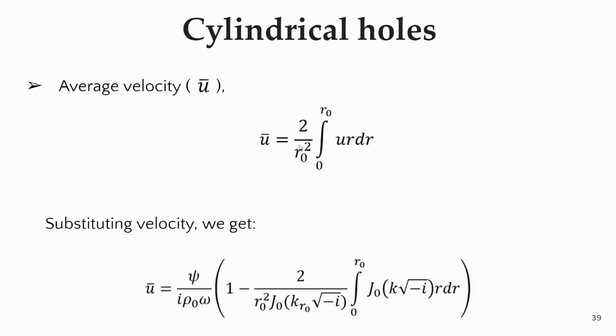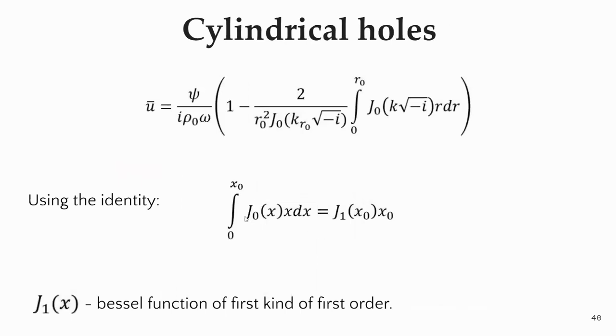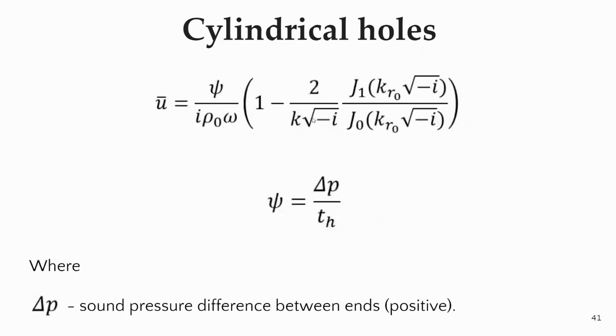Using the equation 2 by r0 squared, which we got from the mass continuity equation, and substituting, we get this enormous equation. Using this identity, where we integrate the 0th order Bessel function to get a first order Bessel function, we get the final average velocity equation like this.